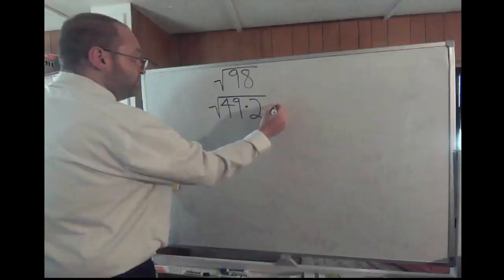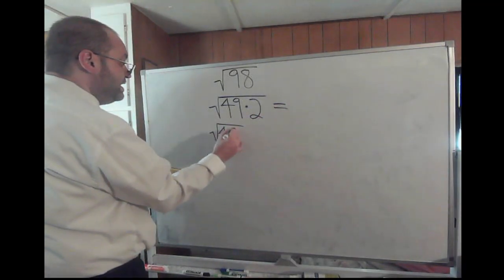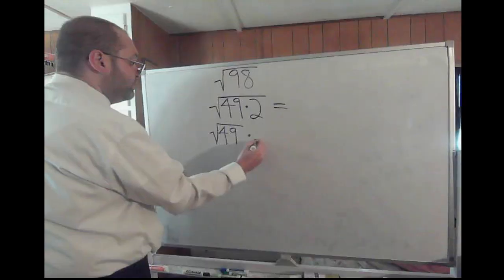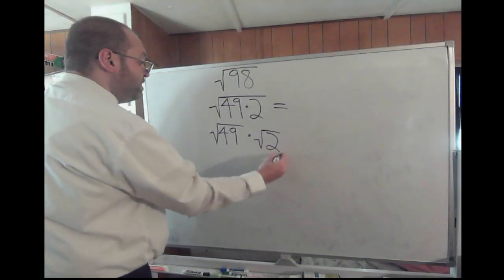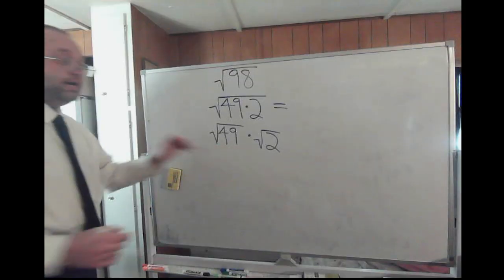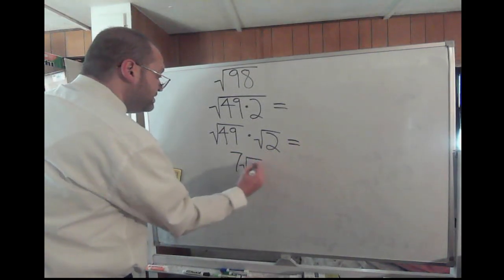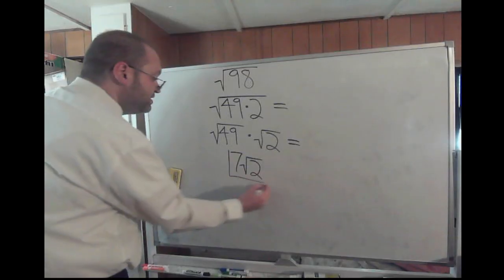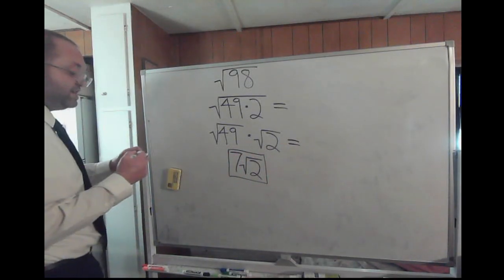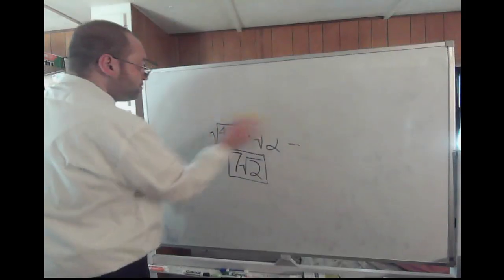Those are factors which will break down into the square root of 49 times the square root of 2. Well, the square root of 2 is not a perfect square, but the square root of 49 is. It's 7. So what you'll end up getting in the end is 7 times the square root of 2. And that would be your answer, 7 times the square root of 2.